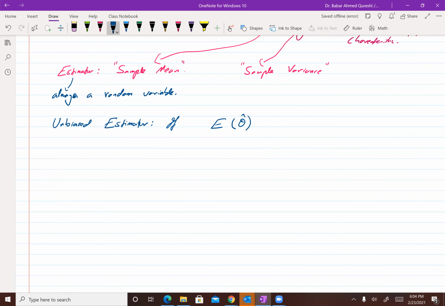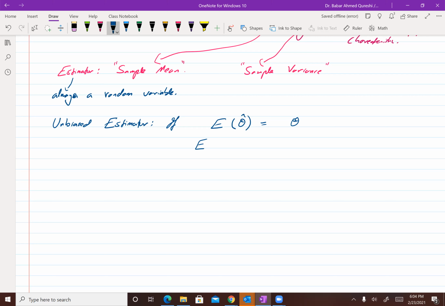If the mean, the average value of this estimator, according to its probability distribution, is the same as the population characteristic, whatever the value of this characteristic in the population, then you say it is unbiased.